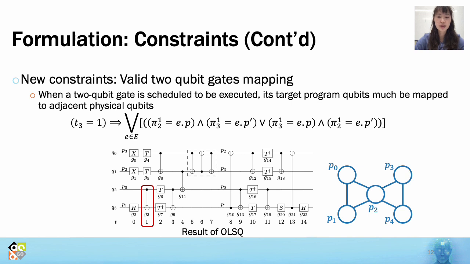In addition to the above modification, we have a few types of constraint, which is valid two-qubit gate mapping constraint to ensure that when the two-qubit gate is scheduled to be executed, its target program qubits are mapped to adjacent physical qubits. For example, for gate 3, since it's scheduled at time equal to 1, at that time its target program qubits must be mapped on a pair of adjacent physical qubits.